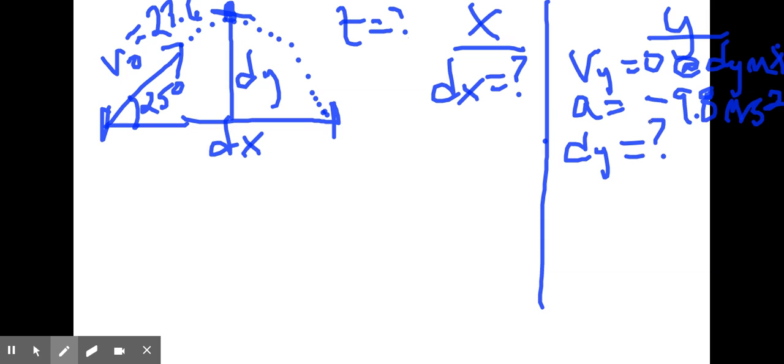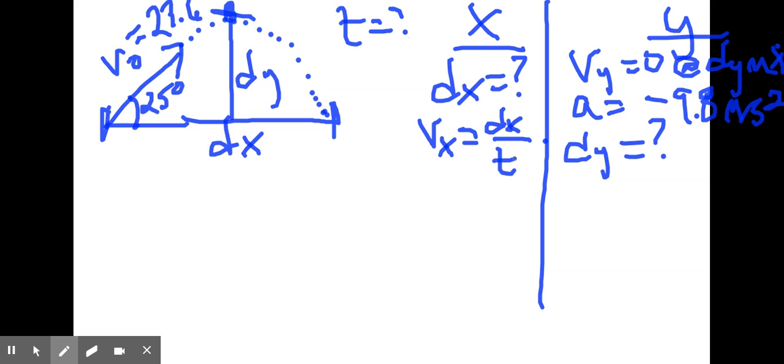You could write dy or dy max. Okay, if we're trying to find our time, let's look at our simpler equation here. On the x side, we have vx equals dx over t. We have two unknowns here. We don't have dx and we don't have t. And I guess we don't have vx either.